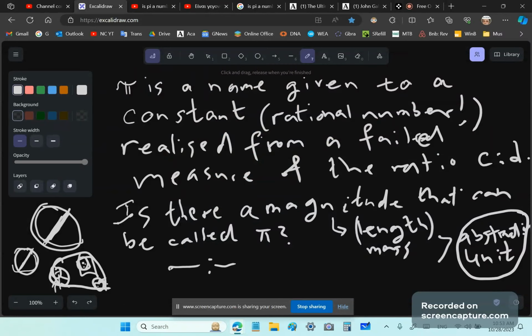Now, in the case of pi, they do not have a relationship when we try to measure the circumference using the diameter, okay? We can only approximate it to get this constant. So in reality, there's really no magnitude that can be called pi. It's an abstract constant, an abstract constant that has no exact measure.